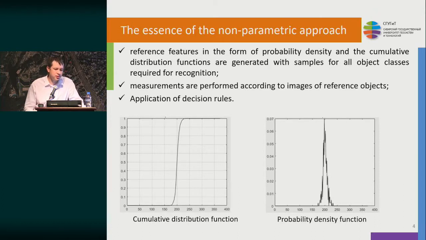I will elaborate on the essence of the non-parametric approach. Here we analyze functions that are distributed differently from normal. If it's closer to normal, it's parametric approach. If it's not close, it's non-parametric.